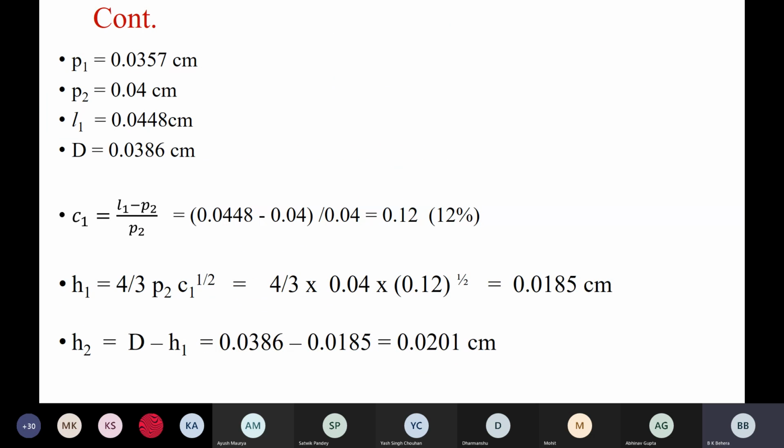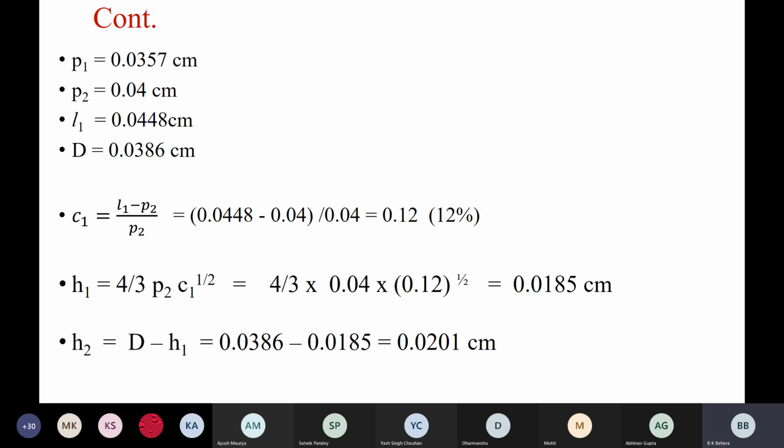P1, P2, L1, D are known. First, C1 equals (L1 minus P2) over P2. If you find sometimes in examples which I am giving here, either in the lecture class or in the tutorial class, some values are different from your calculation, you can make the correction. Don't worry. But the formula should not be wrong.